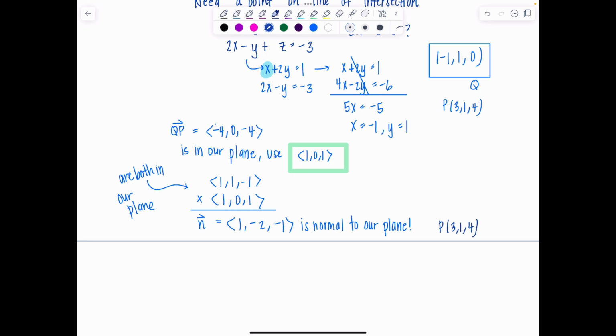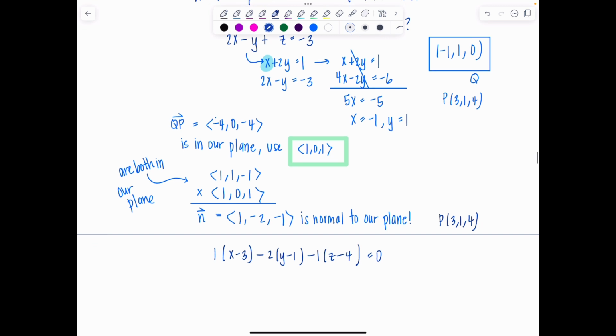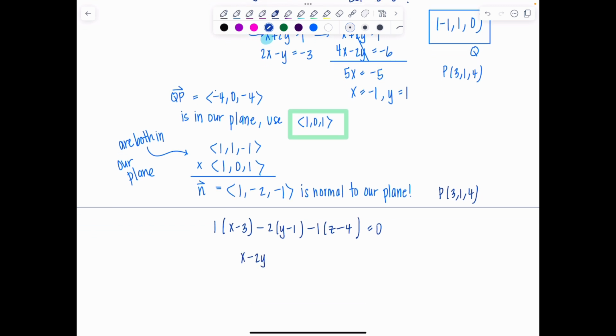So I can say 1 times x minus 3, minus 2 times y minus 1, minus 1 times z minus 4 is 0. And then x minus 2y minus z equals, this is negative 3 plus 2, so I'm at negative 1, plus 4 is positive 3, and then move it over, that's negative 3.